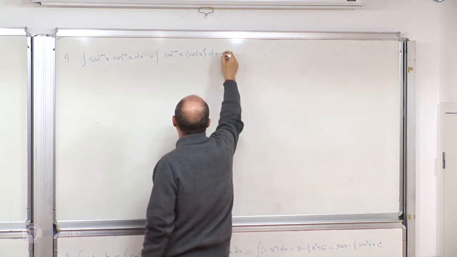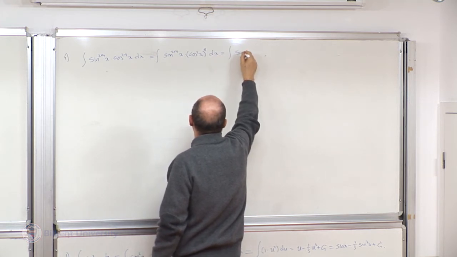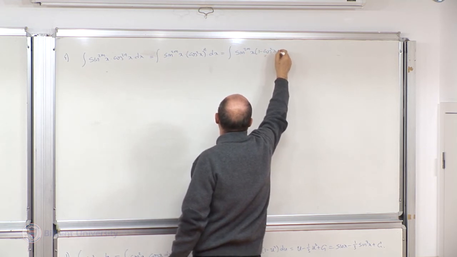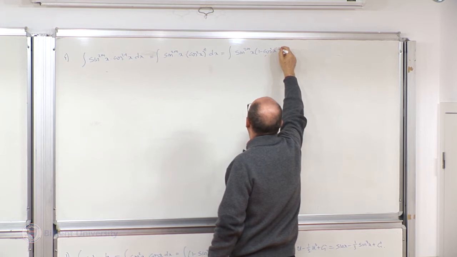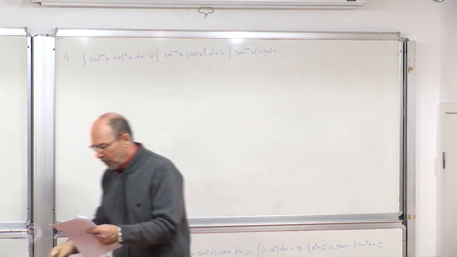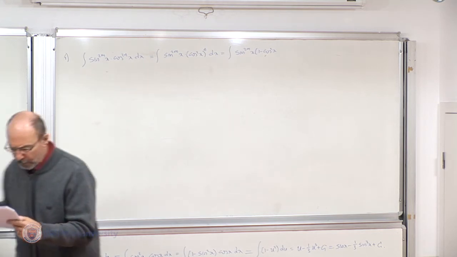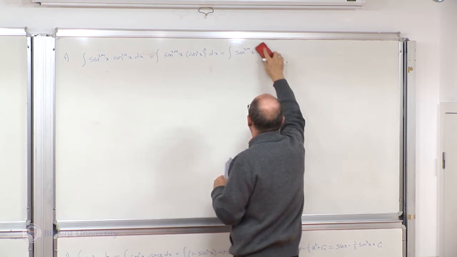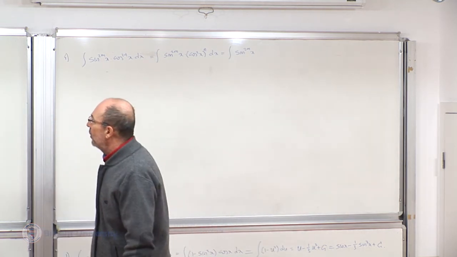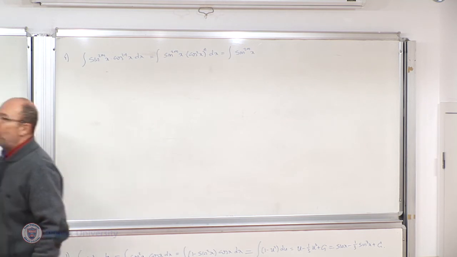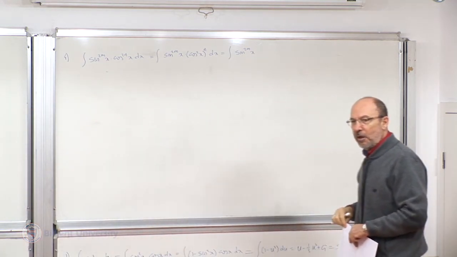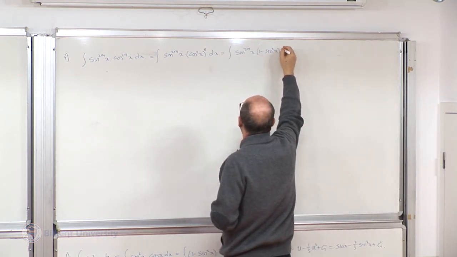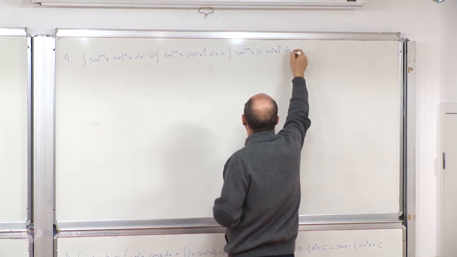Now this is of the form sine^(2m) x (1 minus sine square x)^n. Okay, so the answer will be in terms of integrals of this form, and from there on, we'll rely on an algorithm.